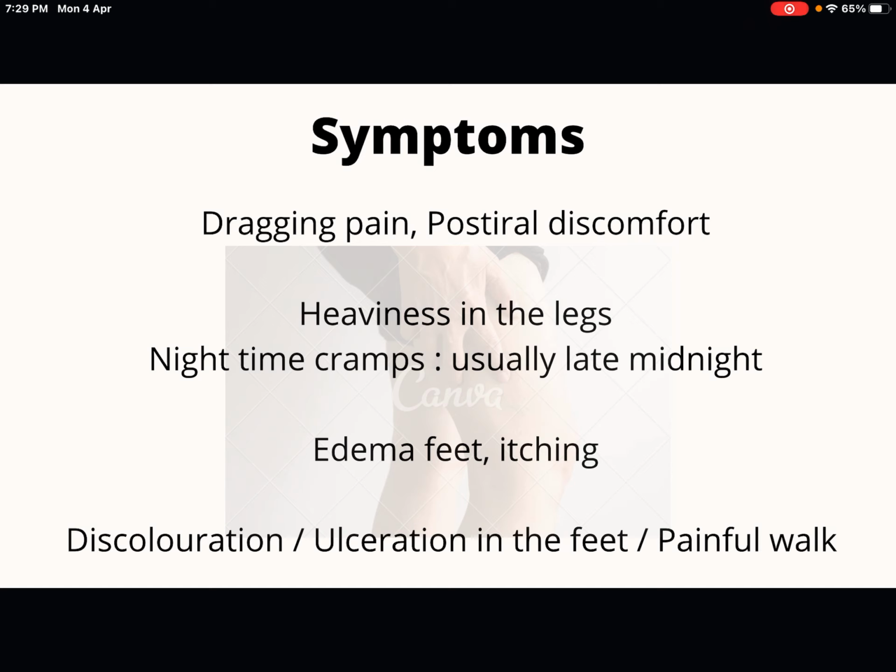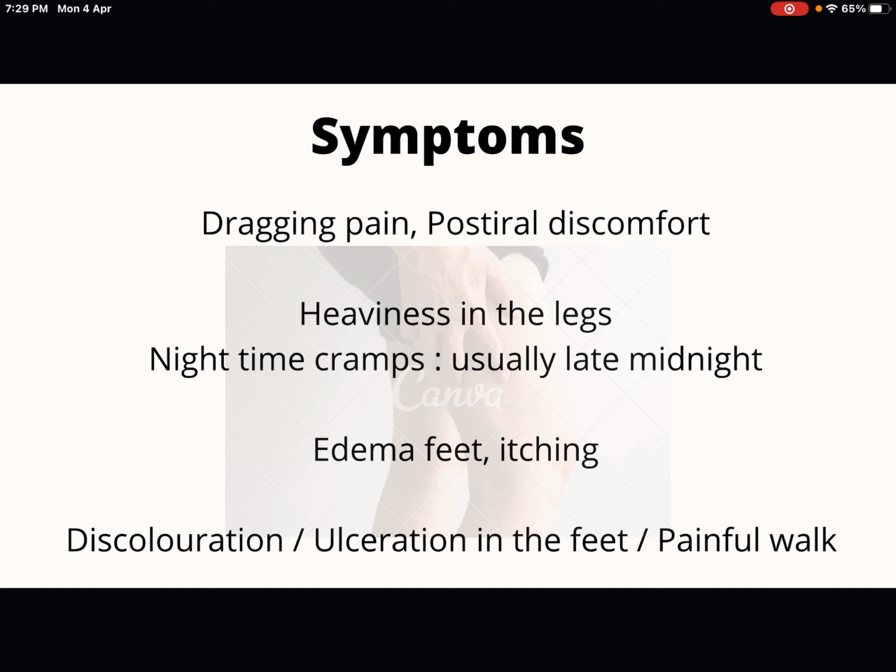And coming to the symptoms. What are the symptoms with which the patient will be coming to us if he or she is having varicose vein? Dragging pain and postural discomfort, and heaviness in the legs, nighttime cramps, usually in the late midnight. Please ignore the spelling mistake here. So the main complaint will be pain.